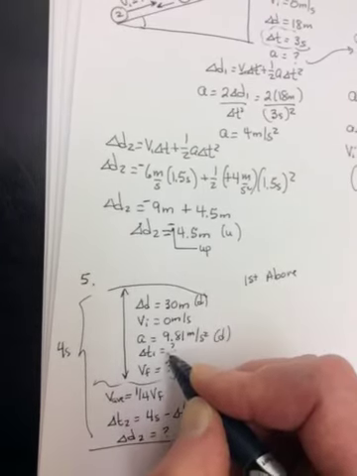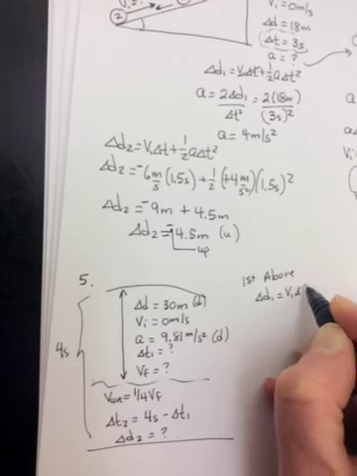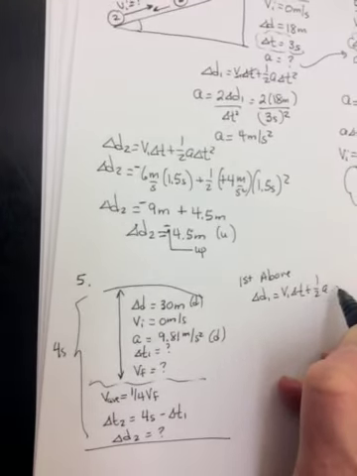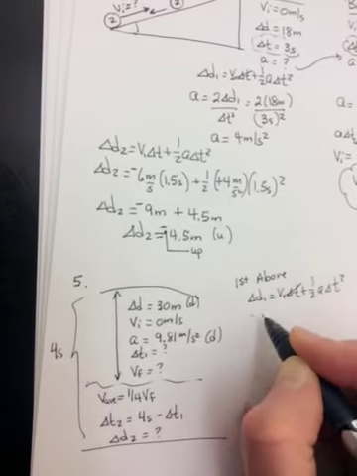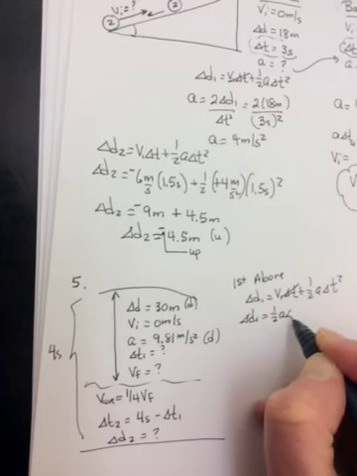We can get our T1 by doing delta D is equal to VI delta T plus 1/2 A delta T squared. The VI is 0, so delta D1 is equal to 1/2 A delta T squared.